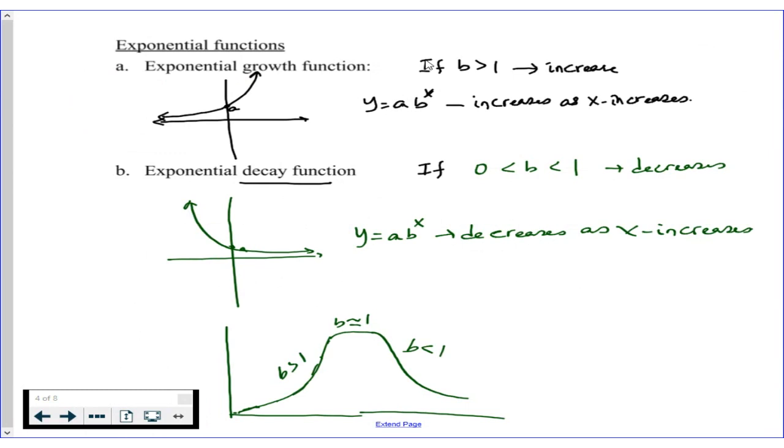This example is very helpful to understand exponential growth. It grows very fast. Initially it is small, and then it goes up because it multiplies itself over and over. Then it will also decay when the b value is less than 1.